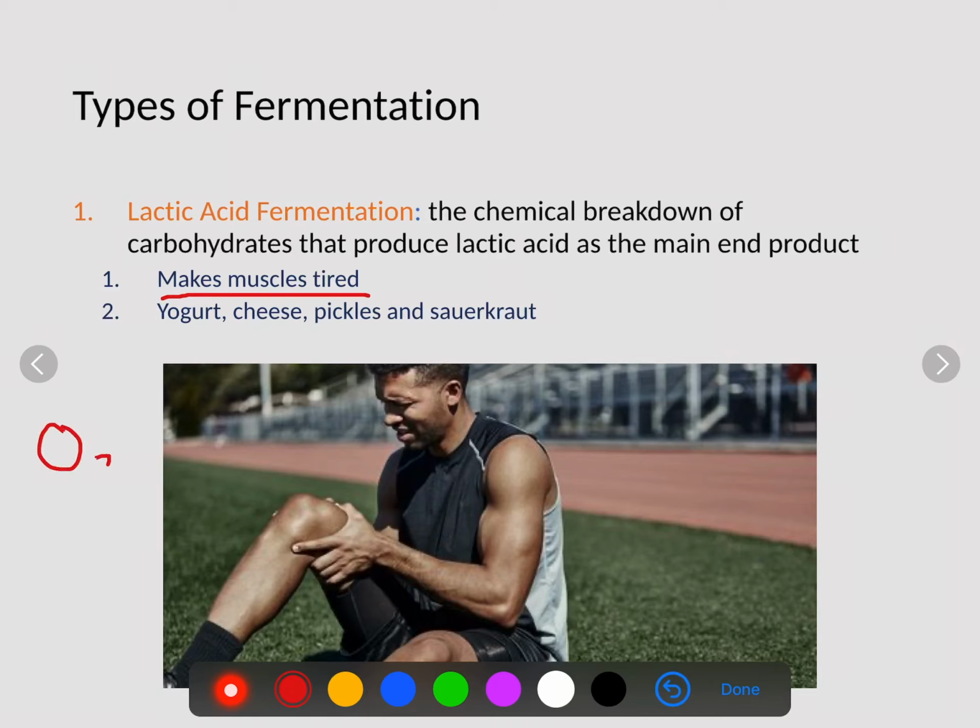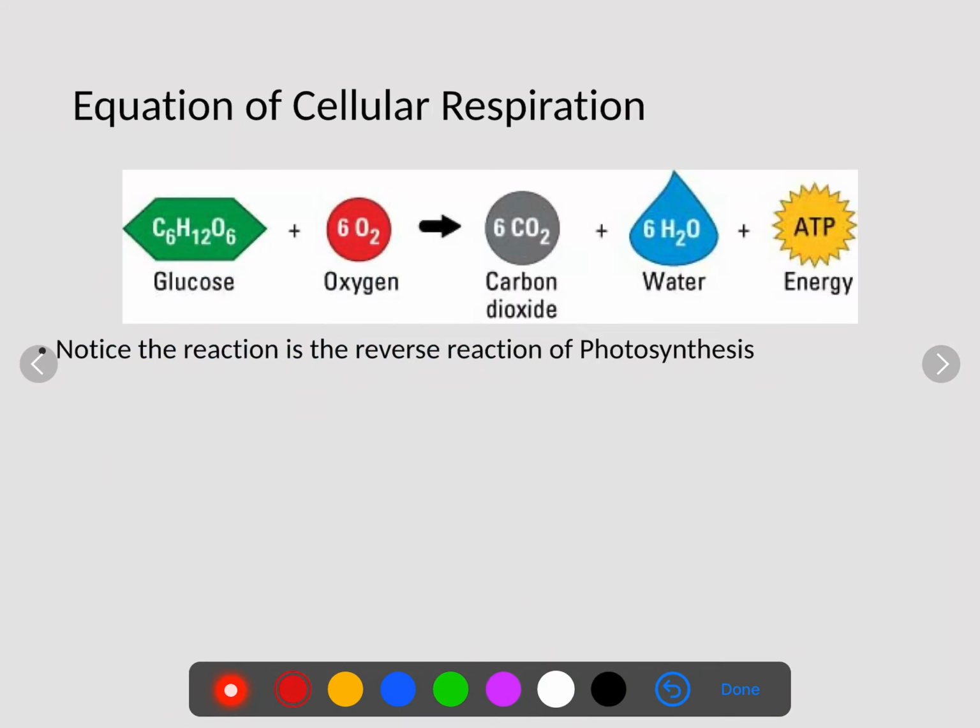And what's happening is your body is becoming very low on oxygen, and it can't make ATP in high amounts in the mitochondria. So it has to go through glycolysis. It has to go through fermentation, which produces a stinging lactic acid inside of your muscles. It makes your muscles tired. It's pretty much your body telling you, stop running so hard or you're going to hurt yourself.